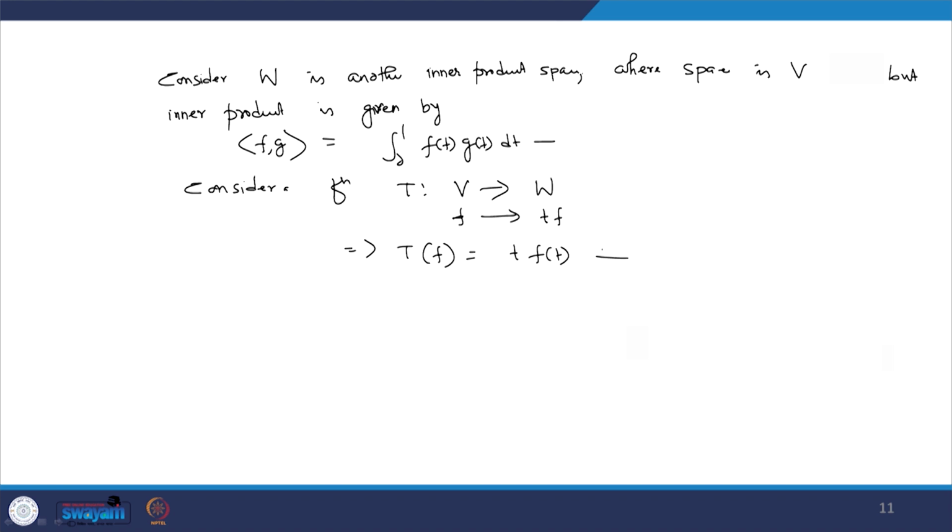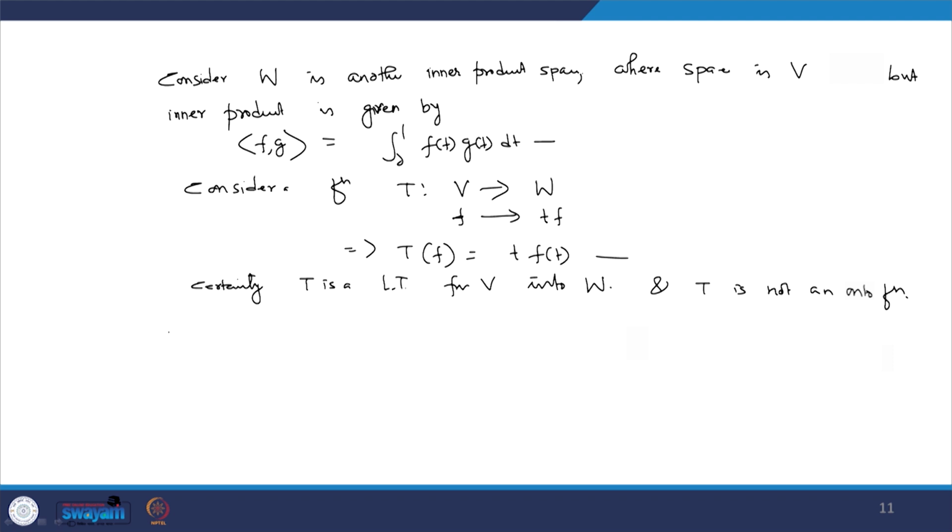Then certainly T is a linear transformation from V into W, and T is not onto, so it cannot be an isomorphism.